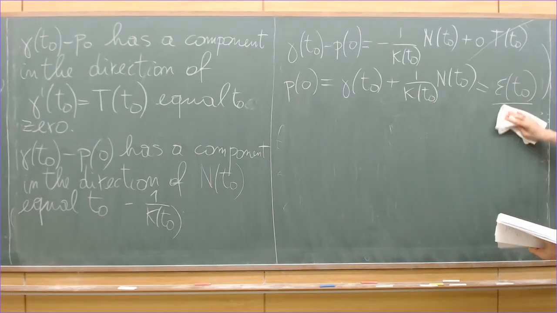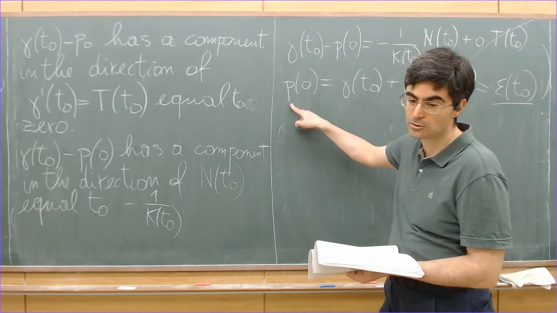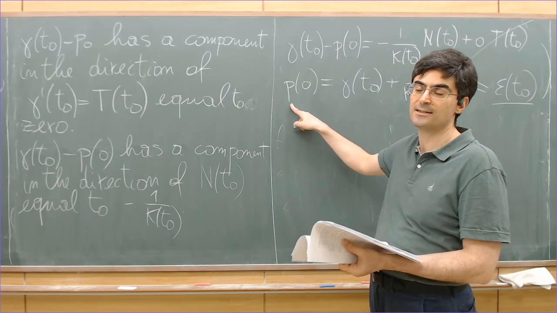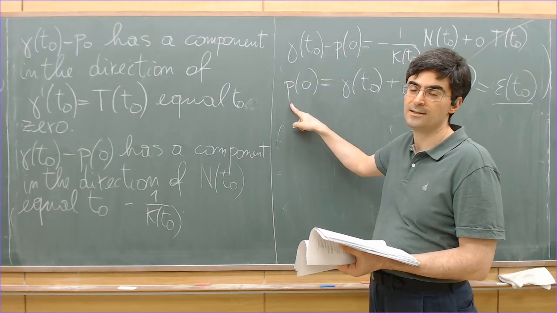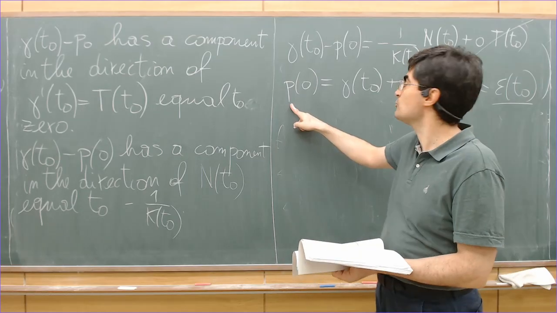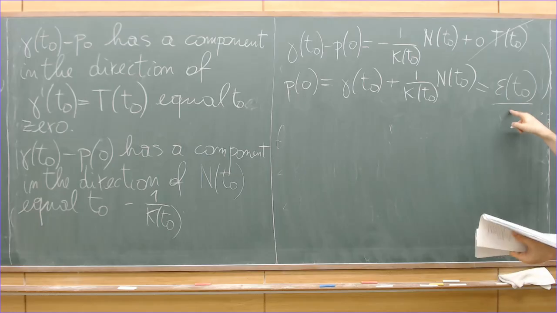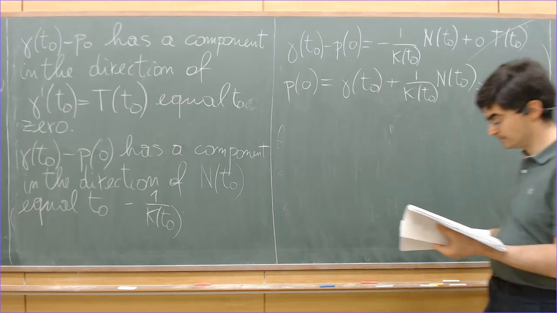This is the end of the exercise because we proved that the center of the circle which passes through gamma t0 plus h, gamma t0 and gamma t0 minus h, if h tends to 0, tends to the translated center of the osculating circle.